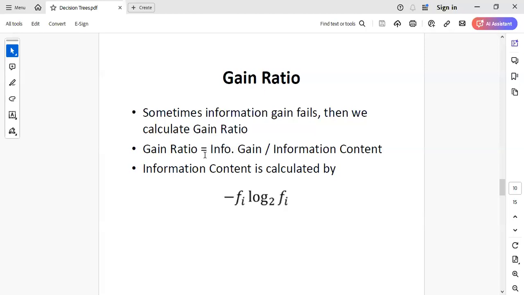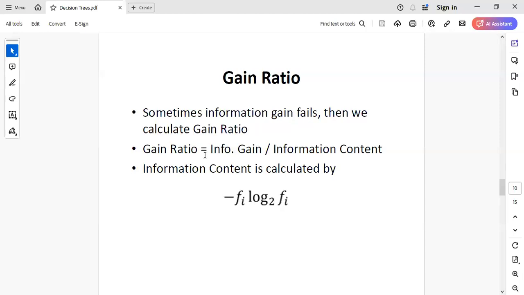Information gain was suffering from a problem: if a particular column has more unique values or categories, then that column used to get the higher information gain. The higher information gain column or attribute will be the root node. It's like a leader in the class.